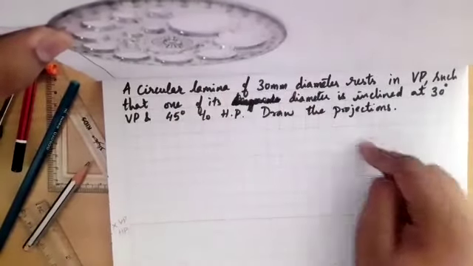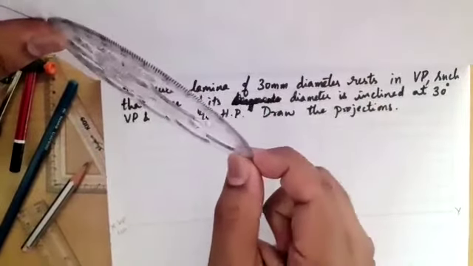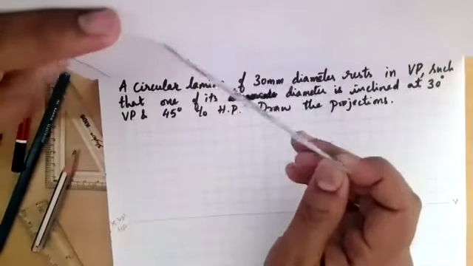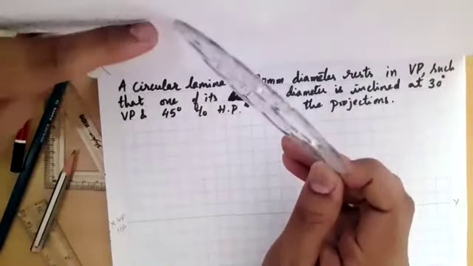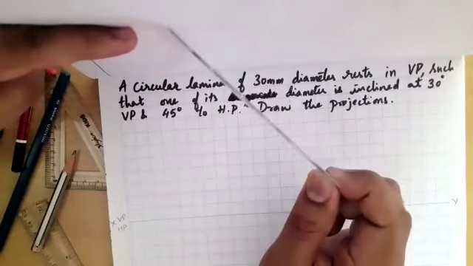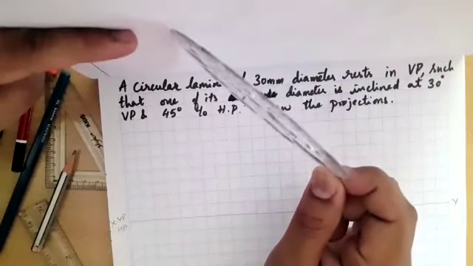If I incline the top view line, that means the surface of the lamina is also inclined and this diameter is also inclined. So first inclination, I am giving it like this, inclined to VP. I am making this circular lamina rest on one point on the circumference.